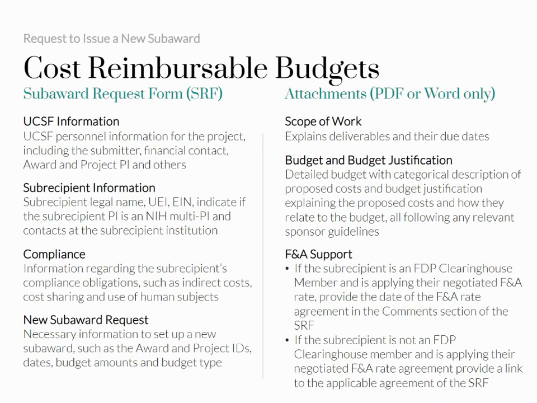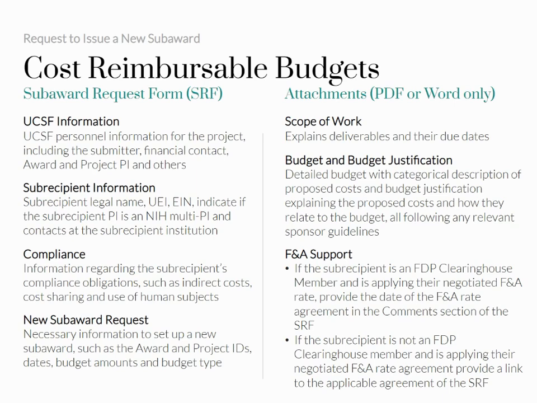You must also complete the subrecipient information section. This will provide the subrecipient's legal name, UEI, EIN, indication if the subrecipient PI is an NIH multiple PI, and contacts at the subrecipient institution. Also complete the compliance section.